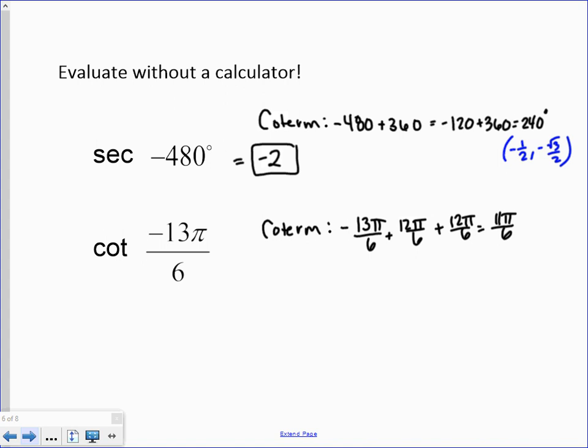So 11 pi over 6 is positive square root 3 over 2 and negative 1/2. The tangent of 11 pi over 6 is negative, because it's in quadrant 4. And what's the tangent of pi over 6? Radical 3 over 3. So for cotangent, I just need to do the reciprocal of that, which will be negative square root 3.